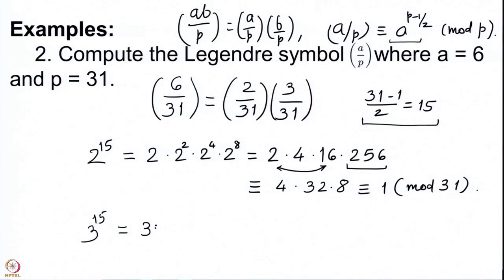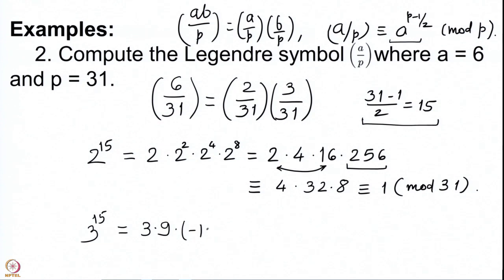So, 3 power 15 will be 3 into 3 square, which is 9, into 3 power 4, which is 9 square. 9 square is 81, but 81 is between 62 and 93. These are the multiples of 31 and it is closer to 93. So, we will write this as minus 12. 81 plus 12 gives you 0 modulo 31.